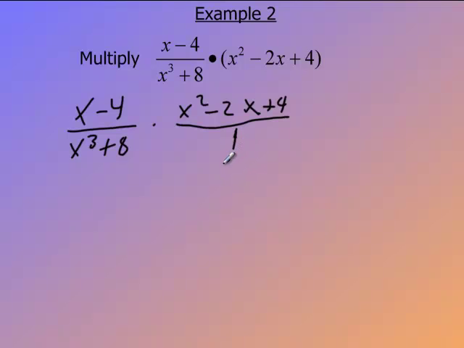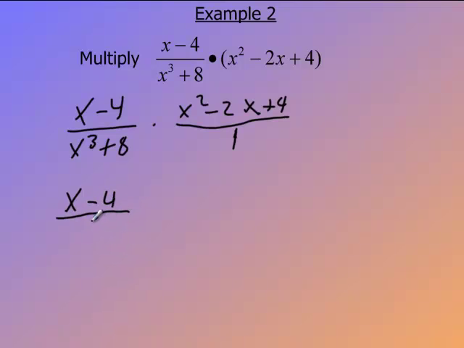And then we're going to want to factor these as best we can. So let's see. There is nothing we can do in the numerator, but the denominator is a sum of cubes. So hopefully you remember how to do that. Let me rewrite this. So x minus 4.